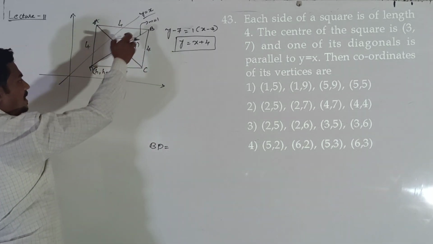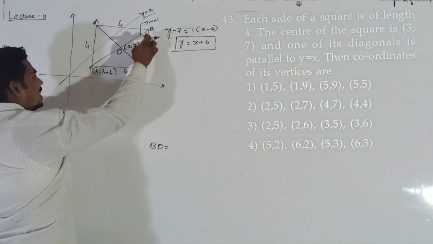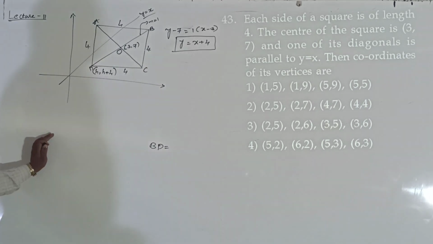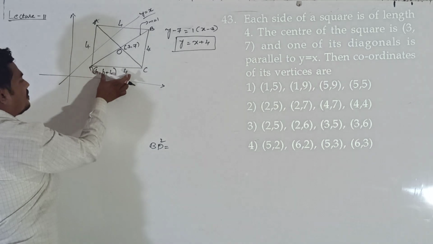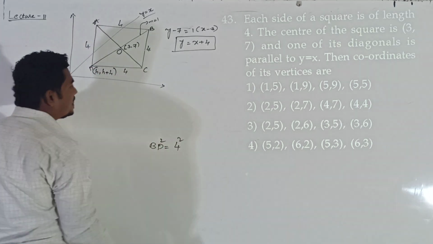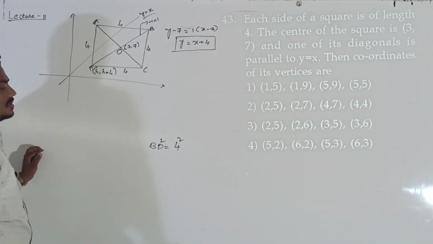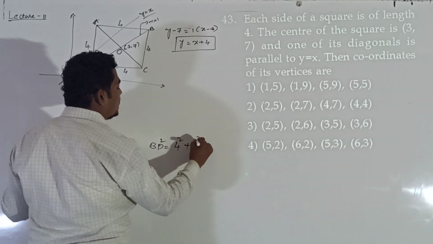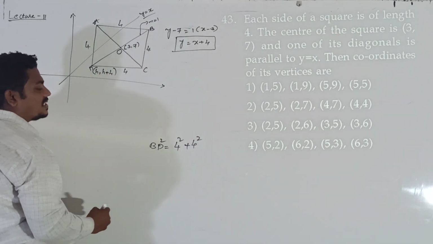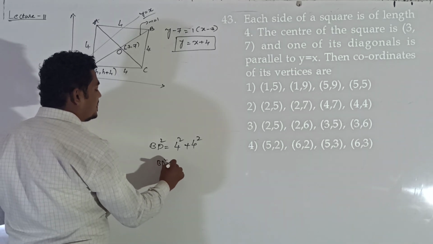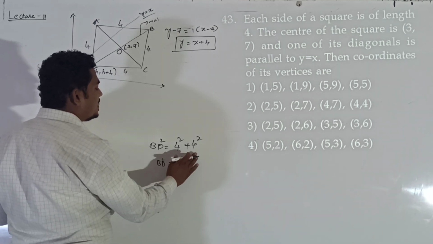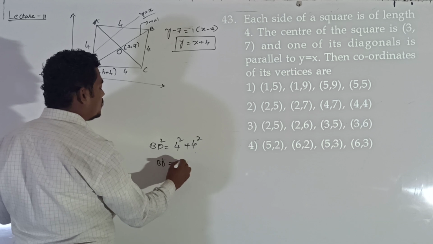BD is clearly a right angle triangle side. BD square is equal to BC square plus CD square. CD is 4 units, this is also 4 units. 4 square plus 4 square, so 16 plus 16, BD square is equal to 32.